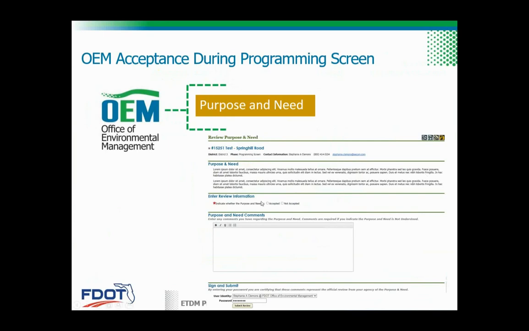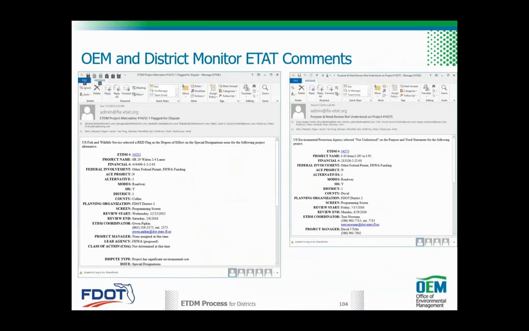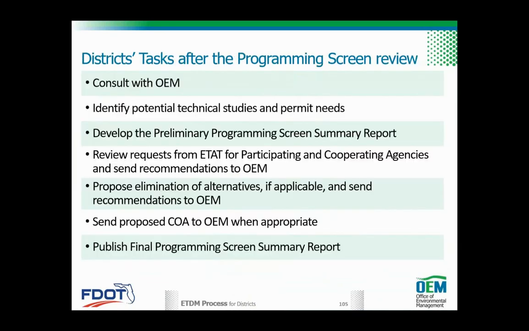This time it's shifted to accept or not accept. Again, if you think about that pre-screening event that's already occurred, we've already reviewed the purpose and need, we've already reviewed the project description, we've already reviewed the PEDs, so now this is just within the screening event how we memorialize its acceptance. Again, access to the comments as they flow in, everybody kind of sees what folks have to say and identify any potential issues.